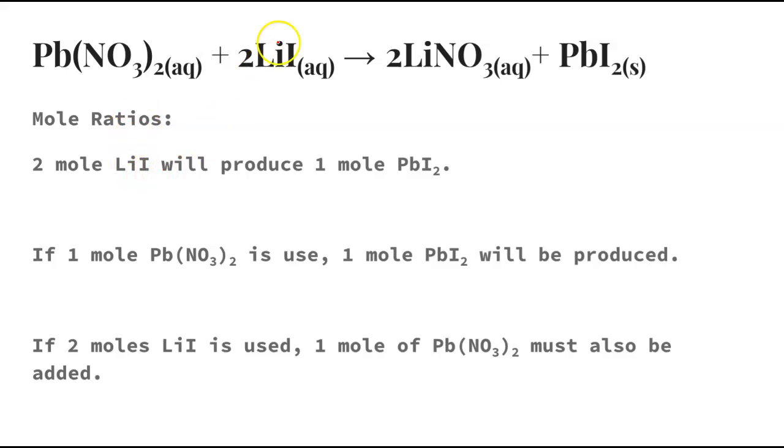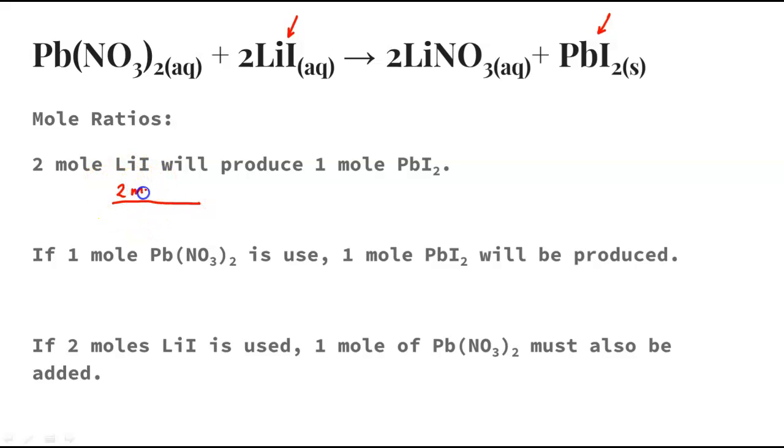For the first one, I'm going to look at the relationship between lithium iodide and lead iodide. This chemical equation tells me that for every 2 moles of lithium iodide that I use will produce 1 mole of lead iodide. So what would the conversion factor look like?